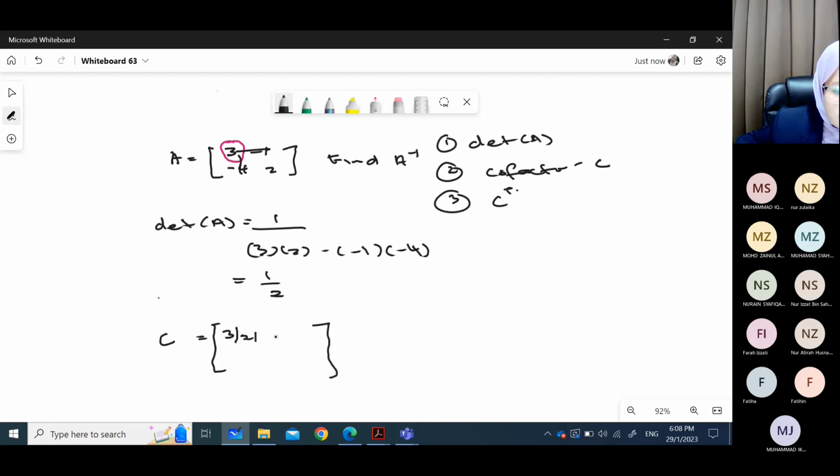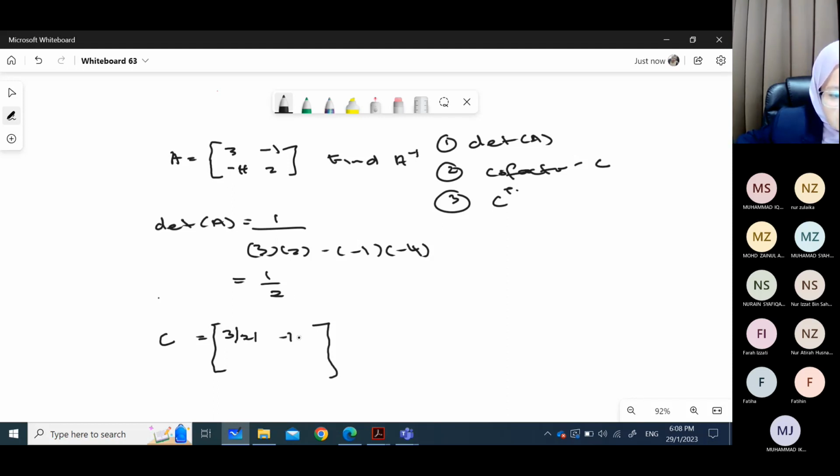Determinant of 2. Okay, ini untuk first entry. So untuk second, kita faktorkan 1, macam tu 1. Tadi 1 kan? 3 negative 1. So yang ini untuk second element.